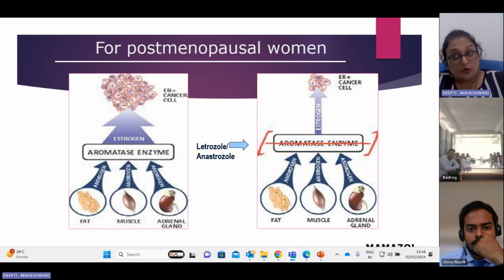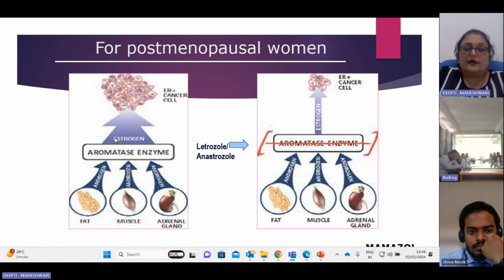These androgens, though they are male hormones, are present in small quantities even in females. They can get converted to estrogen with the help of an enzyme called aromatase enzyme. So with the help of aromatase enzyme, you see estrogen in the female's body.